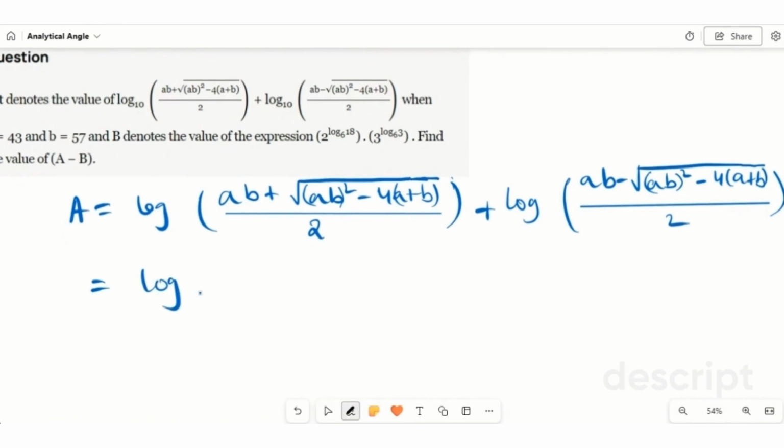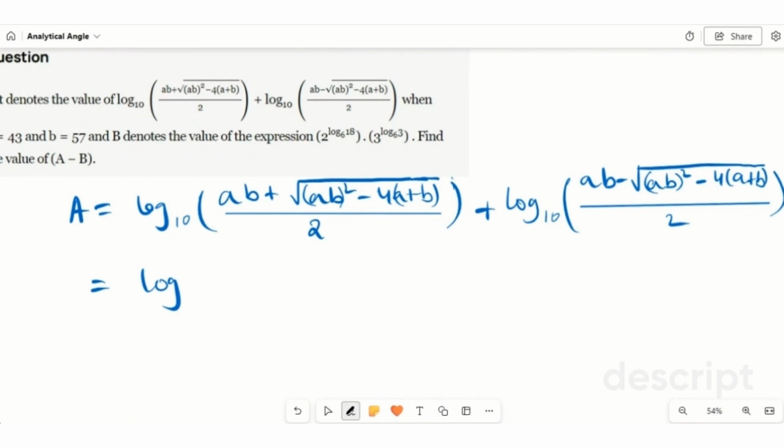Now before we proceed any further, we can see that the product will be in the form one thing squared minus another thing squared, because it is AB plus something on one side and AB minus something on the other side. So it will definitely be AB whole square minus the thing under the root whole square.